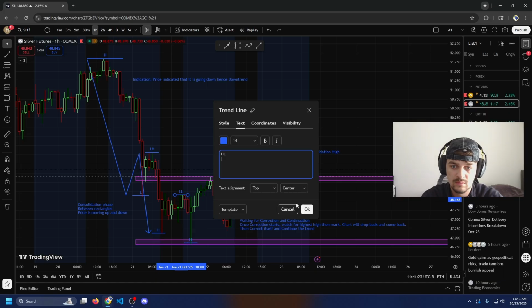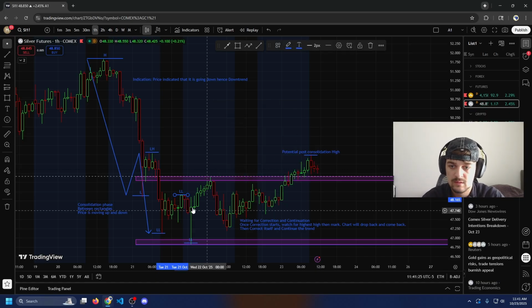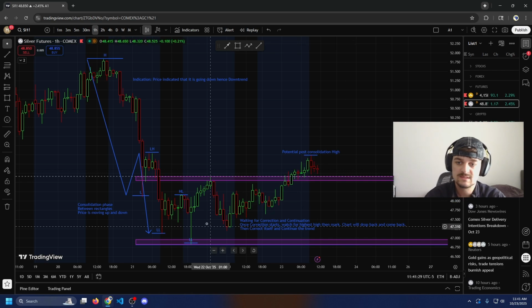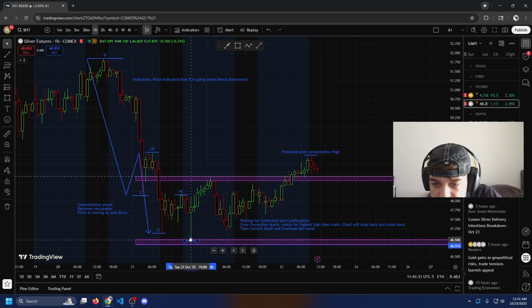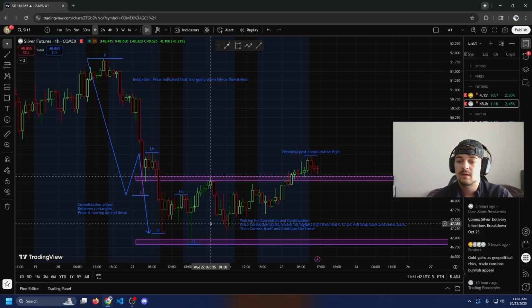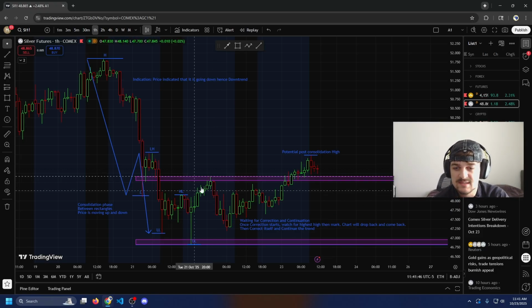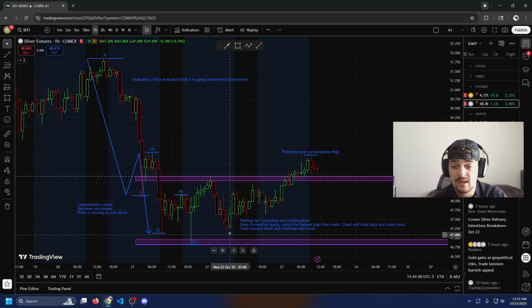Higher low, and okay, I guess you could say that's the end of the downtrend right here. But this is where the consolidation starts, because there's a new higher high and then a higher low.